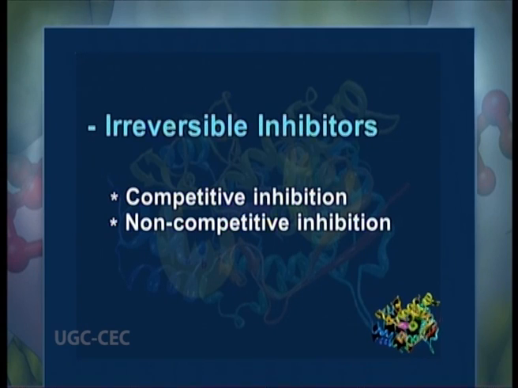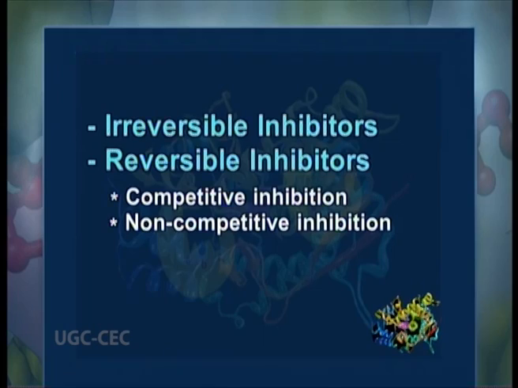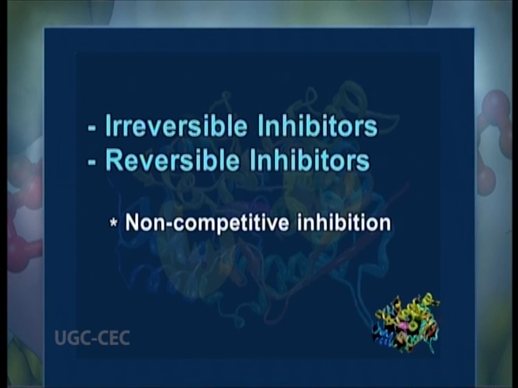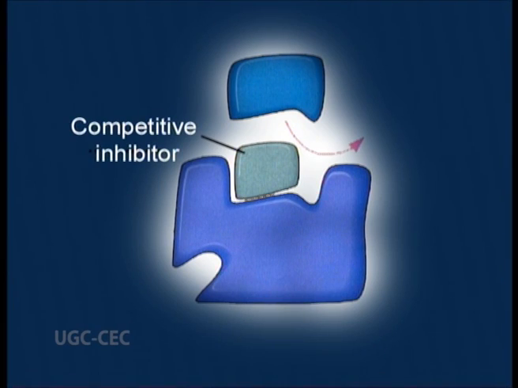Second is reversible inhibitors. In reversible inhibition, the inhibitor can dissociate from the enzyme. Reversible inhibitors involve non-covalent binding with enzymes. Two common types of reversible inhibitors are: the first one is competitive inhibition. The structure of competitive inhibitors closely resembles that of the enzyme's normal substrate.